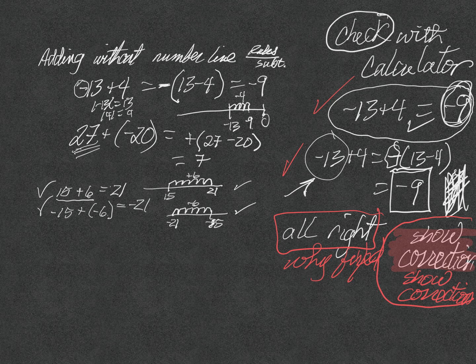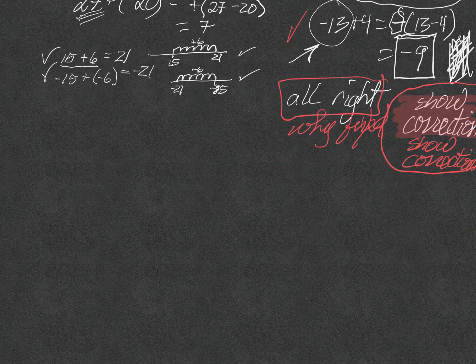You will find that this makes you a better mathematician, and it'll help you not forget things, okay? Now, final comment about this is this rule applies in any positive and negative situation.